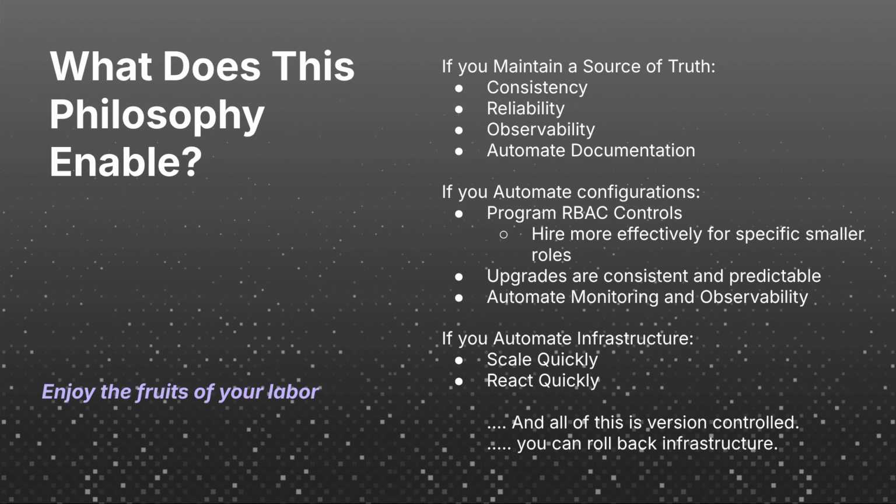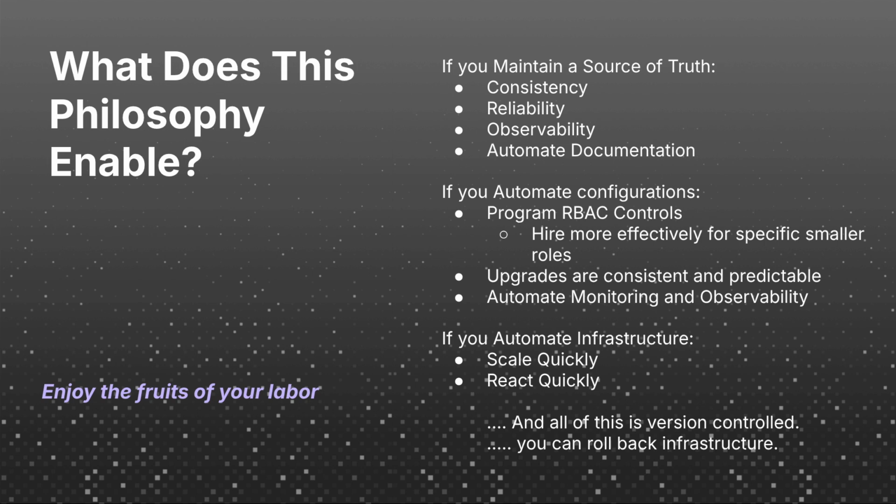But you can abstract that in your company early and apply the same company role to different system roles as you see fit. You can begin to abstract your access, which allows you to hire more effectively for specific smaller roles. You can begin to hire data entry specialists instead of engineers to manage your infrastructure.